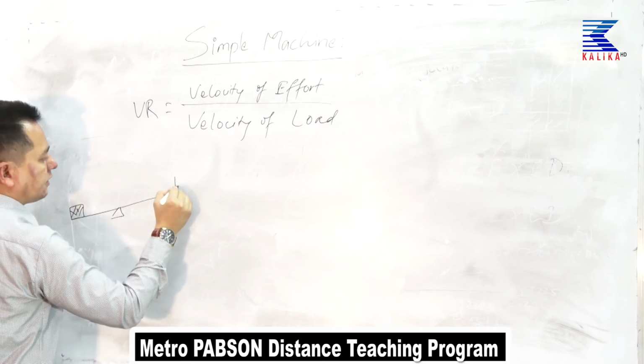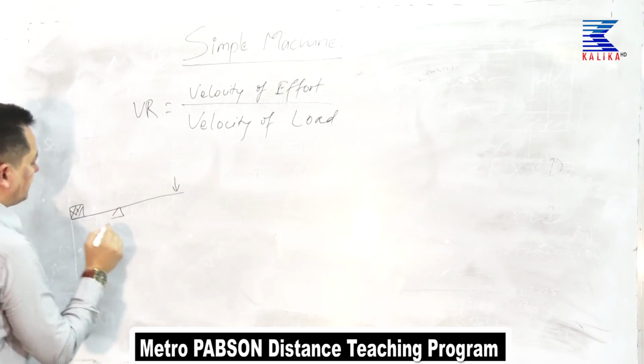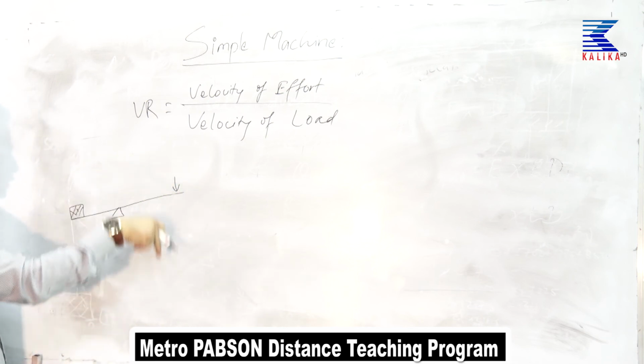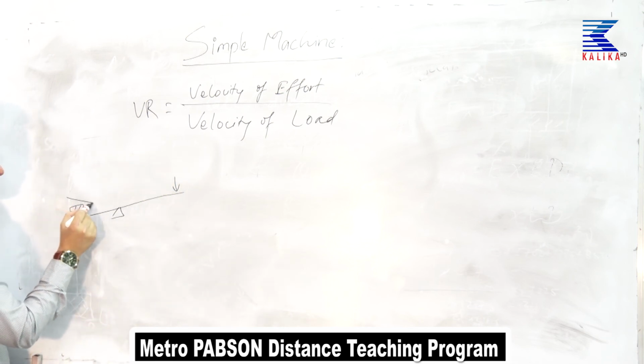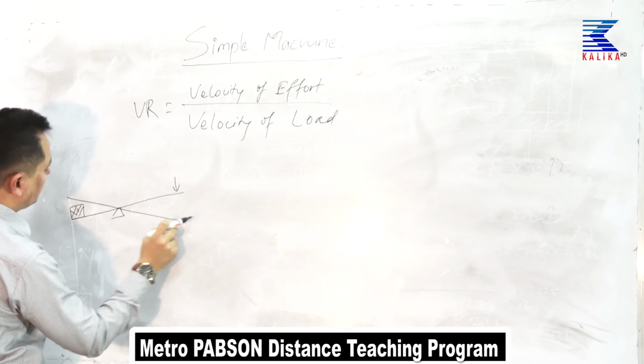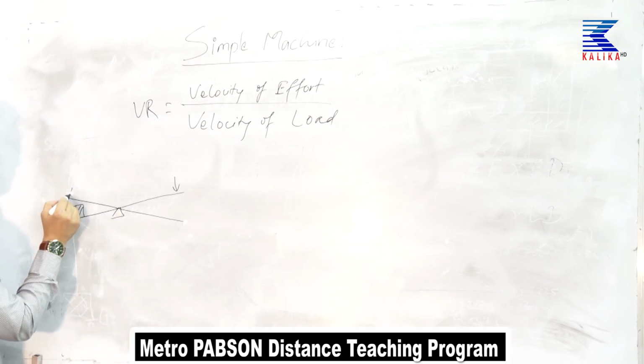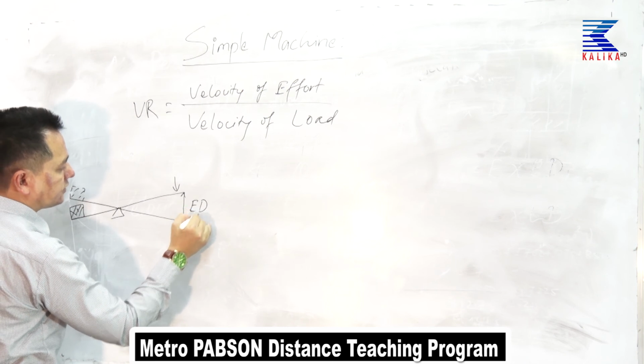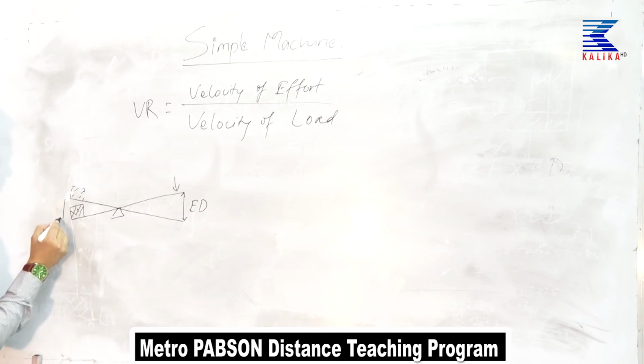We apply some effort here. With the application of some effort here in the downward direction, definitely it moves this way. So the load finally reaches this position, and effort travels this much distance, this is the effort distance, and this is the load distance. Load travels this much distance.